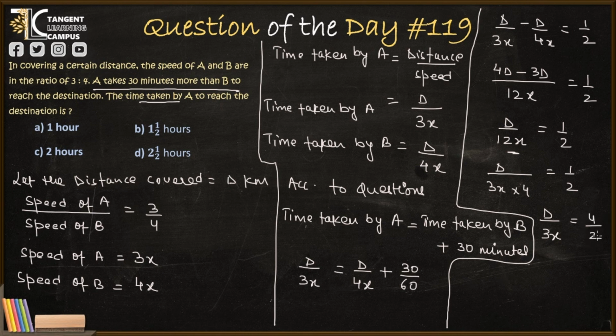Cancelling the common part on the right hand side, we get 2. So d over 3x is equal to 2, and since we are talking about time, this is equal to 2 hours. That means d over 3x is the time taken by A. So time taken by A is equal to 2 hours. So here option C is the correct answer.